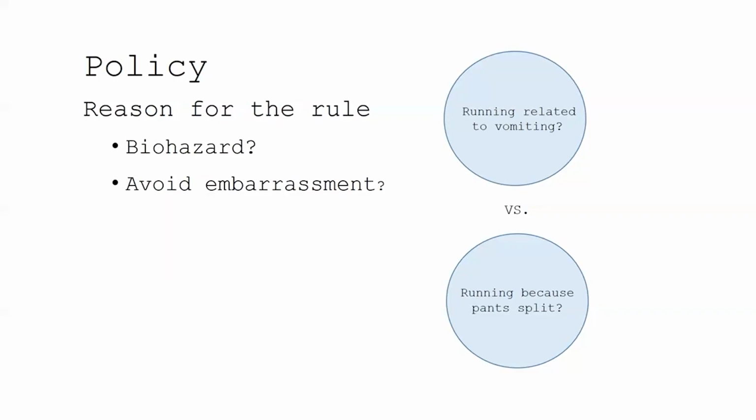So running related to vomiting would also be a biohazard, but if the reason was because having a nosebleed is embarrassing, then running because your pants split might qualify, right? So the policy also gives us some room to argue if we explore the reason for the rule about an outcome in a particular case.